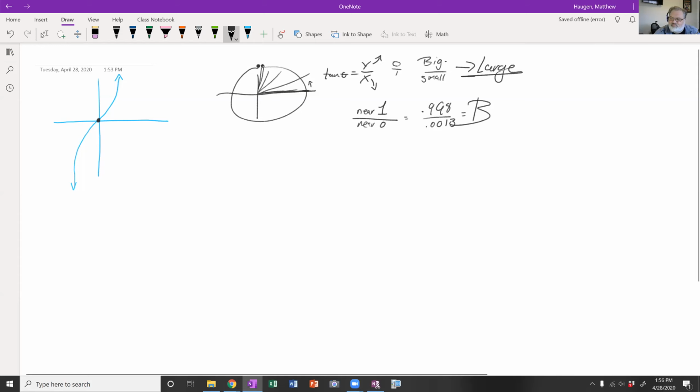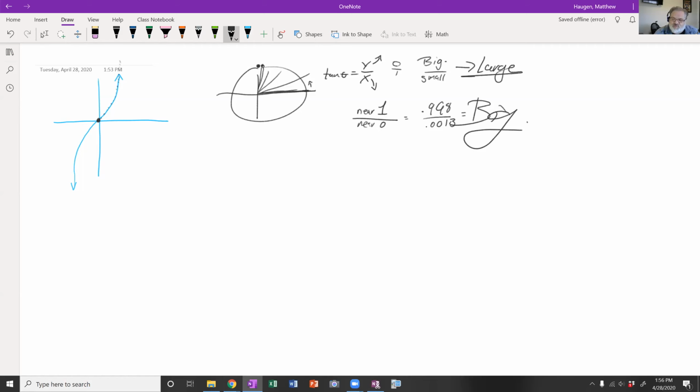That's a big number, right? That's why you're getting that asymptotic effect happening here. Y tangent gets larger and larger because this ratio is uncontrolled, uncapped, unbound, if you will.